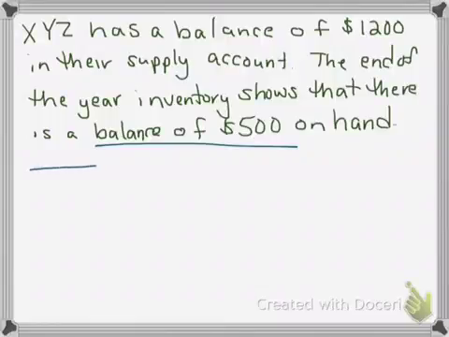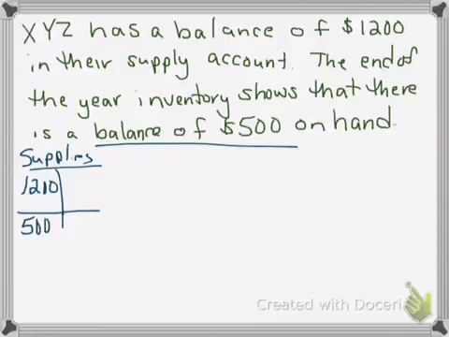So when we look at this, what we find is in that supplies account, we will have $1,200. What this is telling us is that when we went through, we counted up all of our supplies, and we found out that we actually have $500 on hand. So what that means is that our balance in this account, when everything is said and done, should be $500. So we need to know what our journal entry amount is going to be.